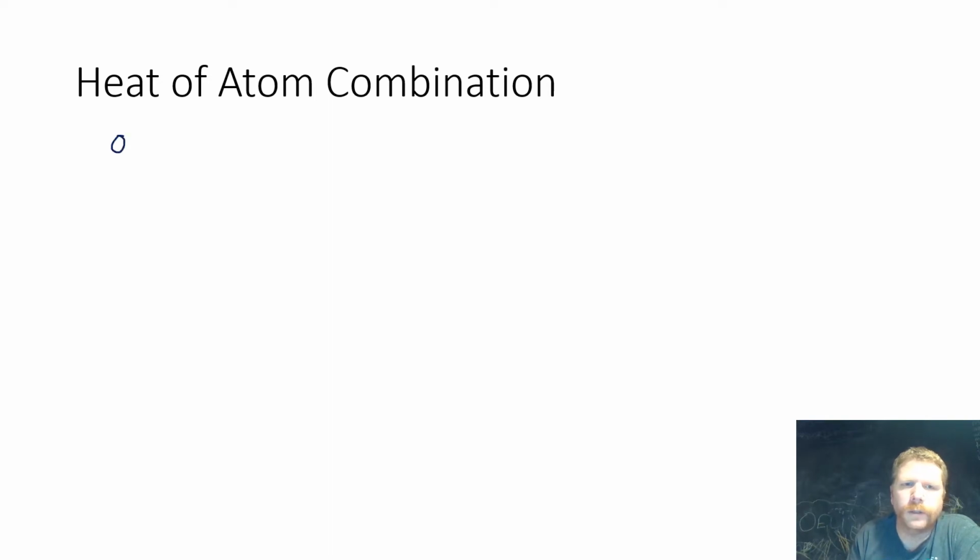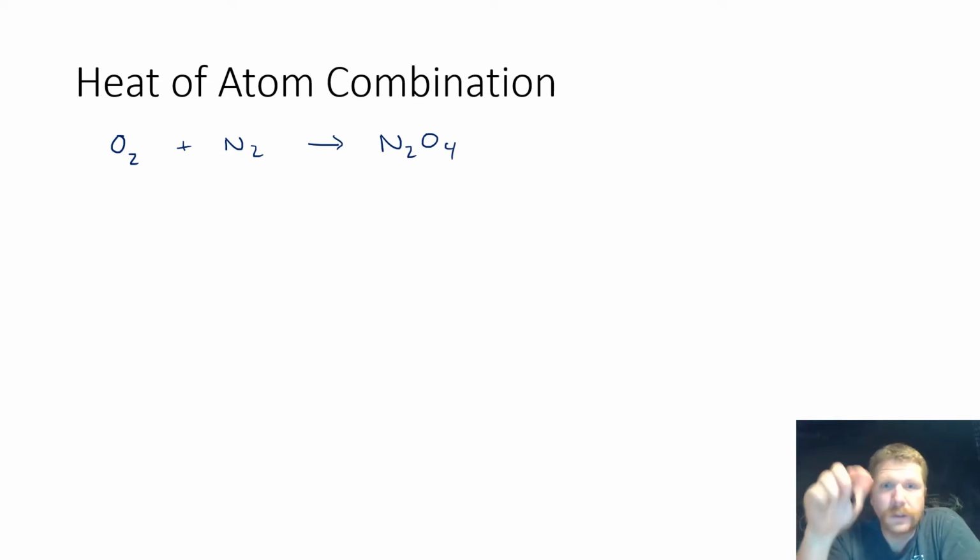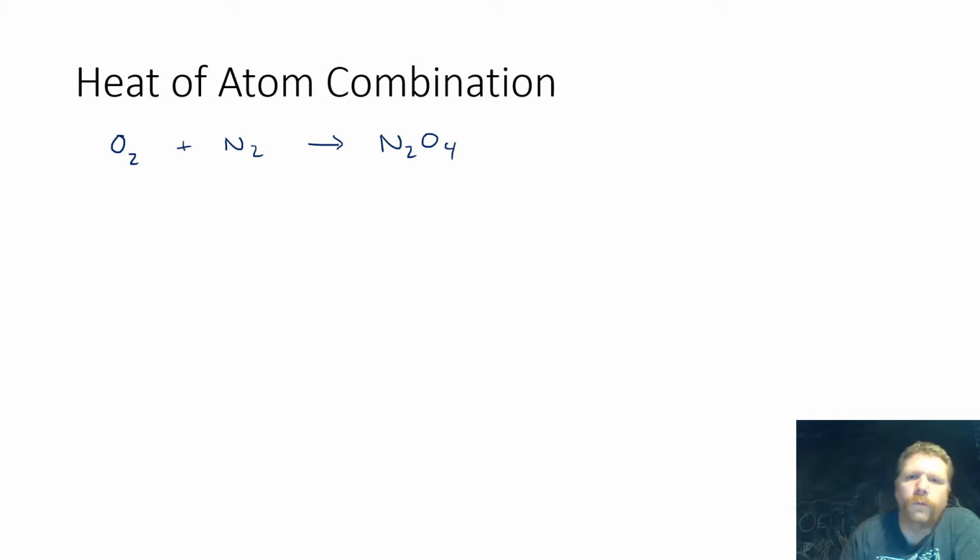Okay, so this next slide, what I want to do is actually talk about a specific reaction. Let's say that we have O2 plus N2, and we're going to make N2O4. When you see that reaction, what you are being asked for is the delta HRXN.